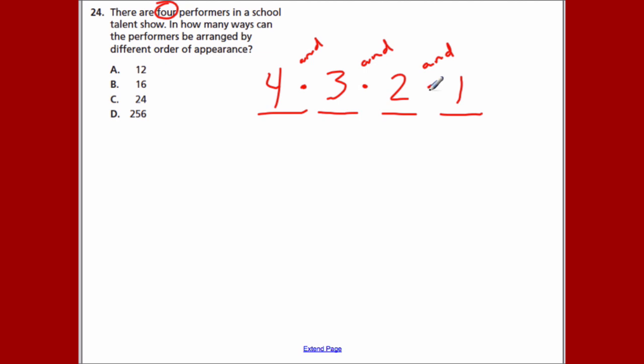So 4 times 3 times 2 times 1, which gives us 24. So 24, C, is going to be our best answer. This is called the multiplication counting principle. You multiply the number of different possibilities together to get your final answer.